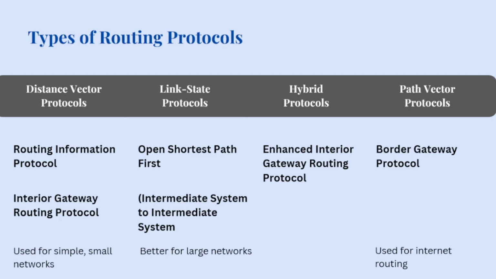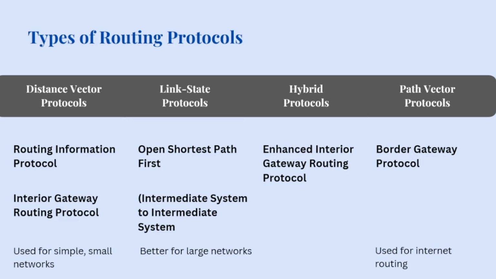So now first let us dive into distance vector protocols. Distance vector protocols work by sharing entire routing tables with the neighboring routers at regular intervals. As a metric, they use hop count, which means the number of routers that a packet passes through.